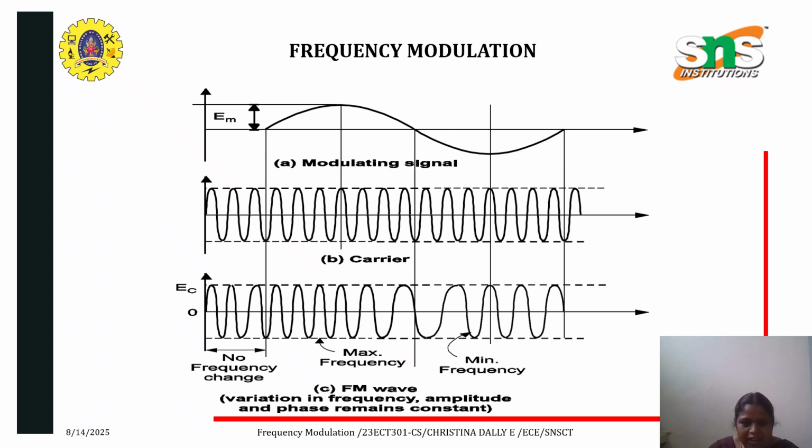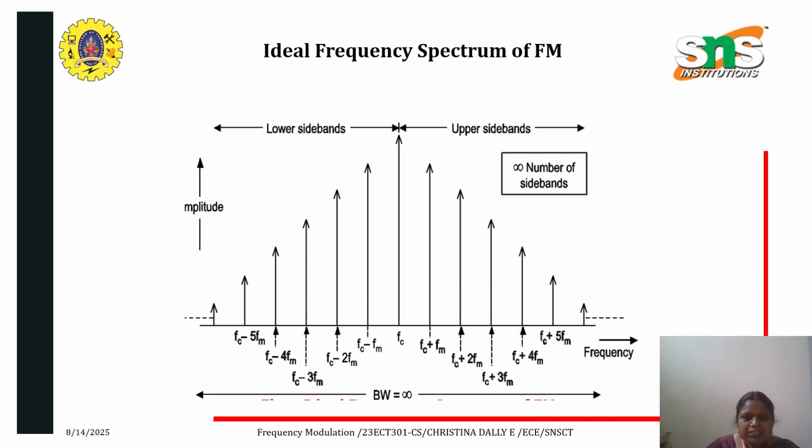In the third diagram, we have the minimum frequency and maximum frequency, so there is a difference between the frequencies. It may be high frequency or low frequency signals. This is the ideal spectrum of FM.